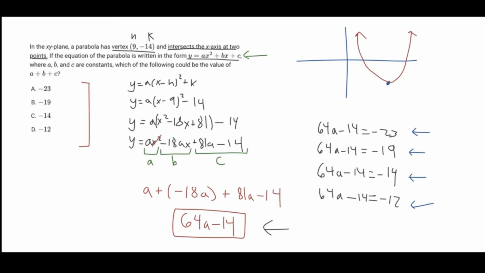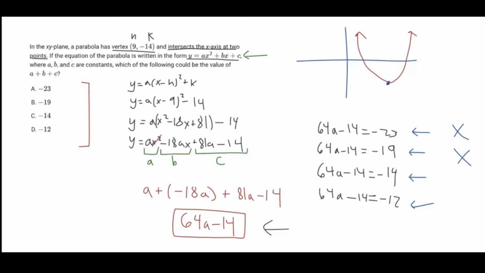But negative 23 plus 14 is going to give us a negative value. If you isolate for a, a negative value over 64 gives you a negative value for a, so this cannot be our answer. It's the same case with the very next one: negative 19 plus 14 is negative 5, and negative 5 over 64 is negative, so it can't be this one.